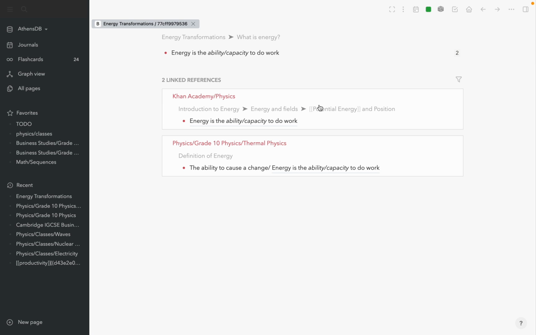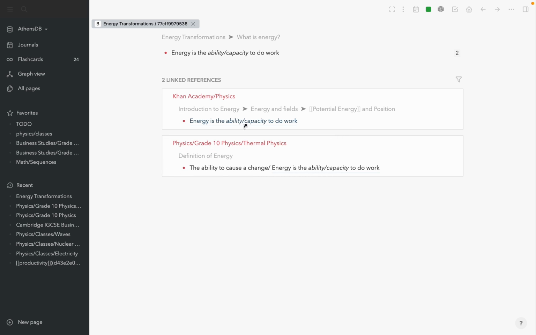So if I click on it, it takes me to energy transformations and a sub bullet point in energy transformations: what is energy? And over here it says that energy is the ability and capacity to do work, and this is something that I've linked in the grade 10 physics thermophysics page right over here.